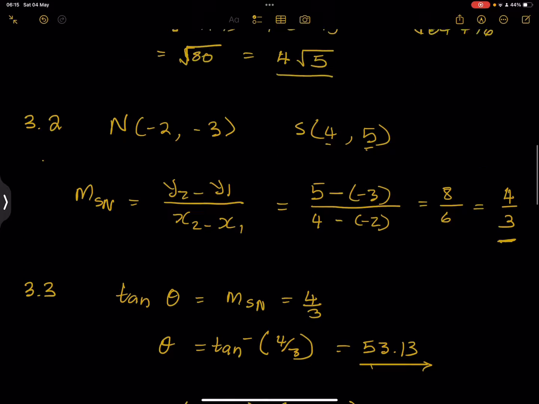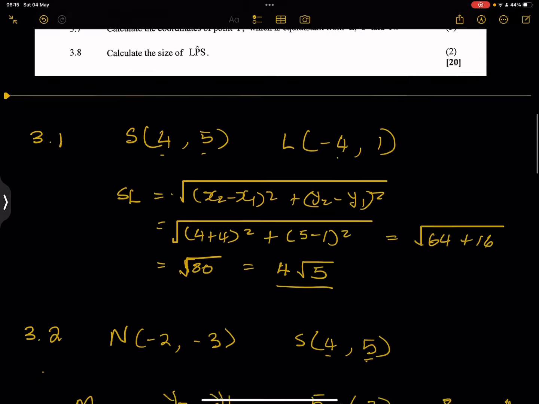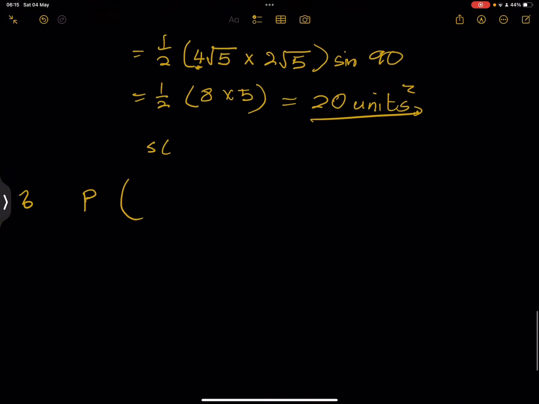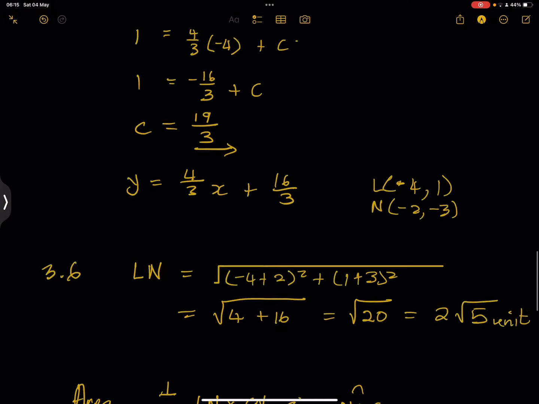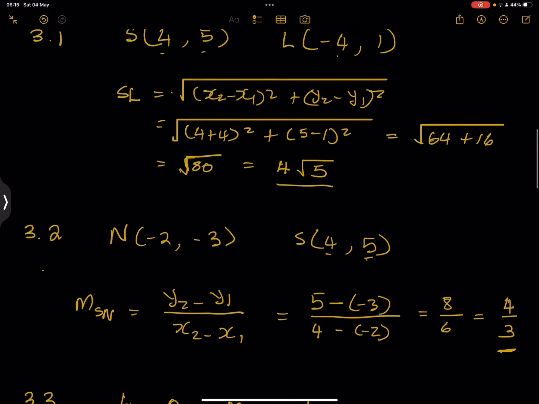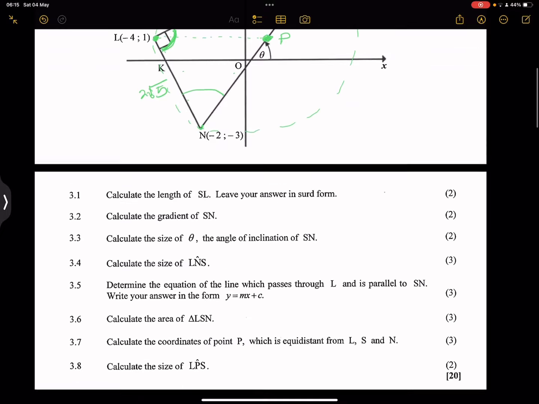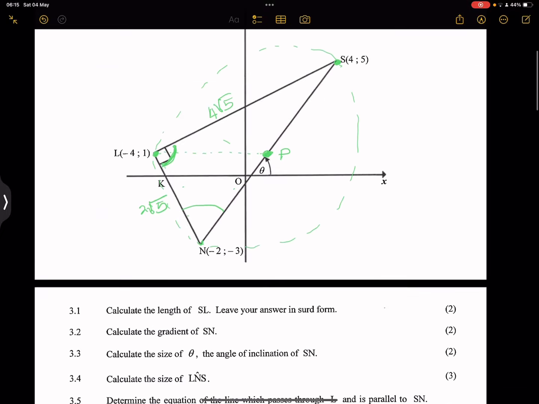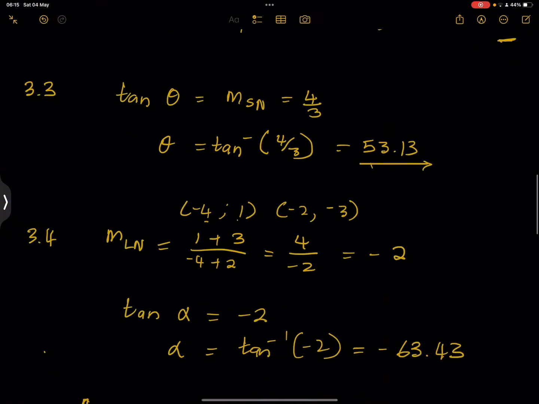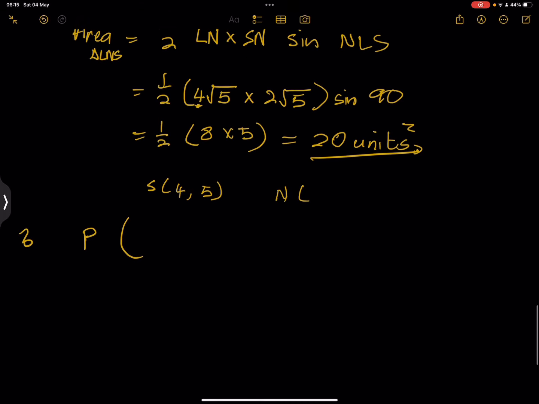So we said coordinates of S, that's 4 and 5. And we said this is N, and the coordinates of N, let me go back there, that's -2 and -3.